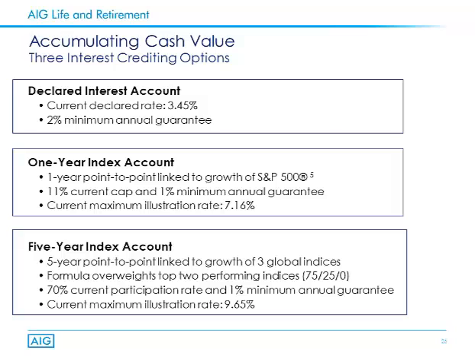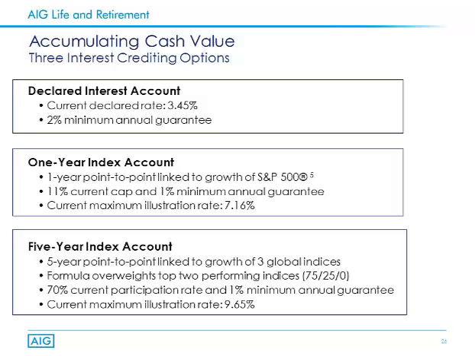Now this has a cap and it has a floor, so we know that the performance of the S&P 500 is going to drive the accumulation of the policy subject to the cap, so it can't be any higher than the cap. So if the S&P returns 30%, then crediting the policy will be the cap, which is 11%. But if the S&P goes down 30%, then the crediting of the policy will be this 1%, because that's the guaranteed rate.